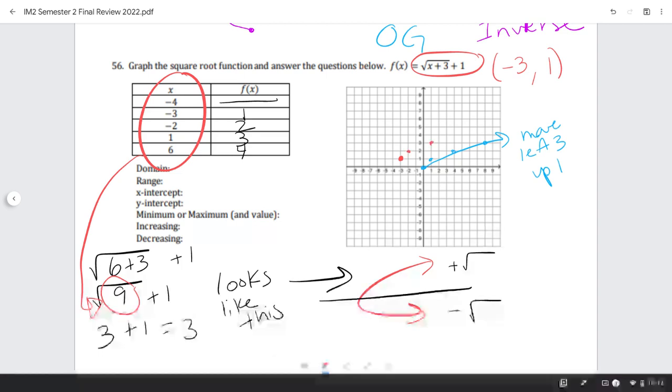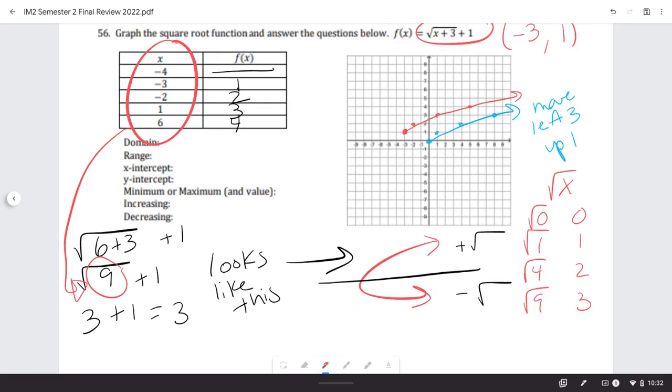And in case you're thinking, well, where did she come up with that's the original? Well, the original is just the square root of x. And so if I plug in the square root of 0, I get 0. If I plug in the square root of 1, I get 1. Square root of 4, I get 2. And the square root of 9, I get 3.